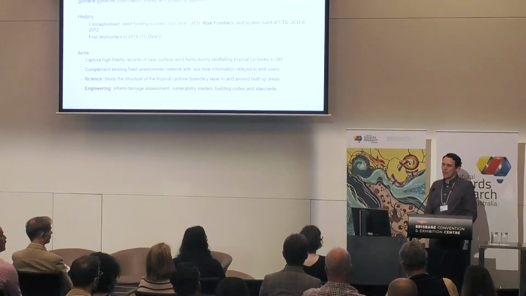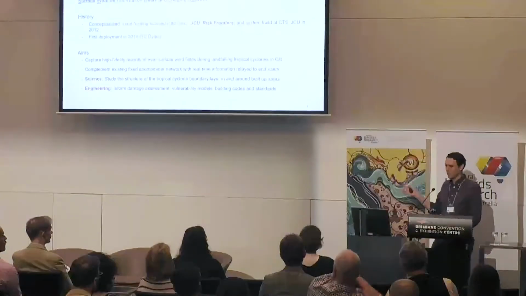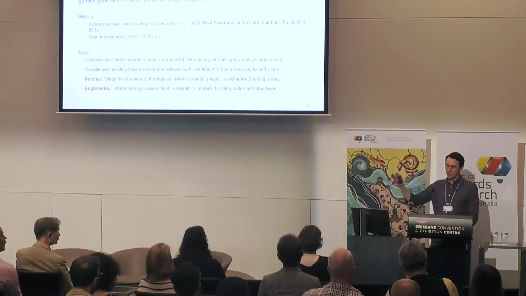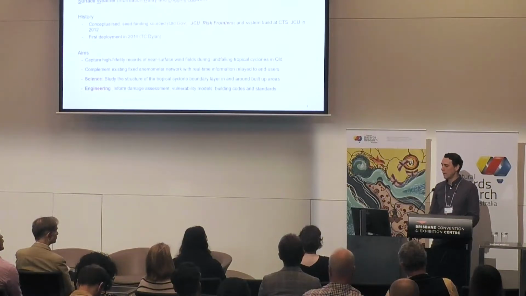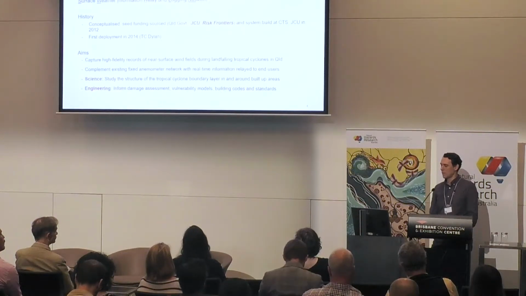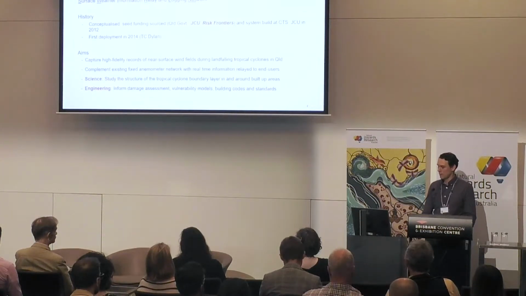But that's not what the buildings feel, that's not what the communities feel, and that doesn't help us when we're trying to help Ken develop fragility or vulnerability models for these communities. We then have to make a lot of inference about what it is out in the middle of an open field, but what is it over there where the buildings that got damaged were. So we're really trying to embed the instruments within the communities, but that in and of itself presents quite a few problems, because how do you put it within a community without making it very specific to that location? Because we have to then try and do some other stuff with it.